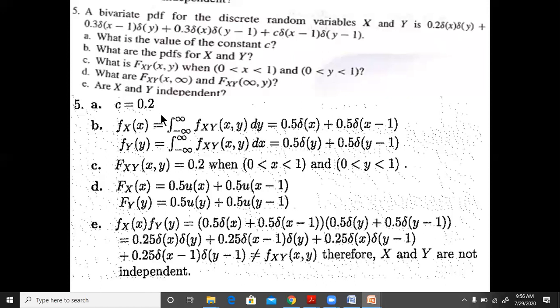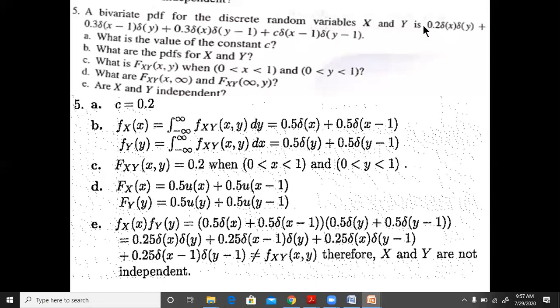Similarly, the value of f_Y(y) will be the integral from minus infinity to infinity of f_XY(x, y) dx. So we are integrating with respect to x. The integral of δ(x) dx turns out to be 1, and the integral of δ(x minus 1) dx also turns out to be 1.